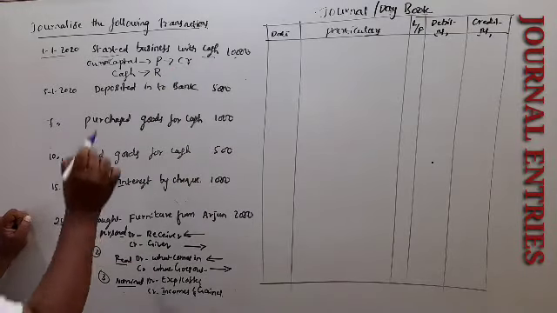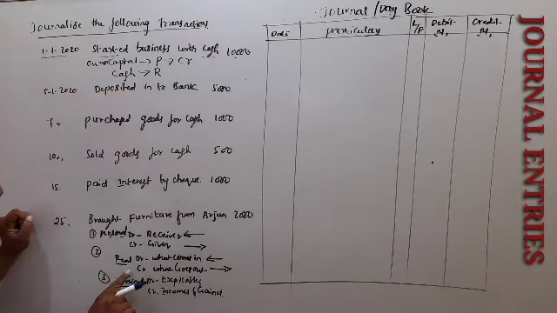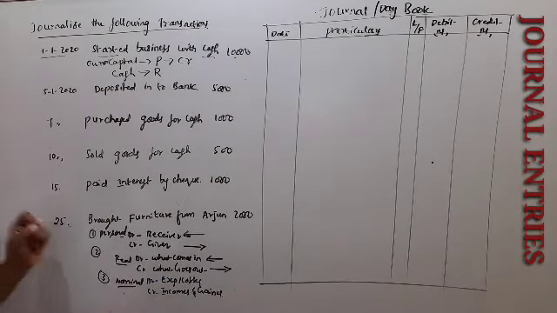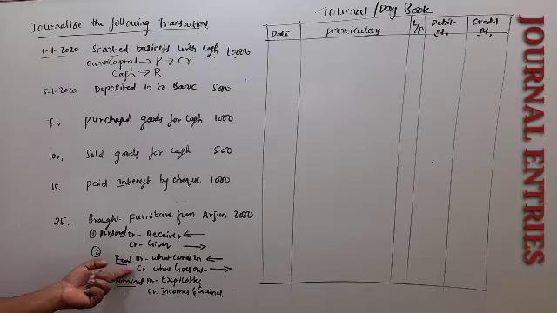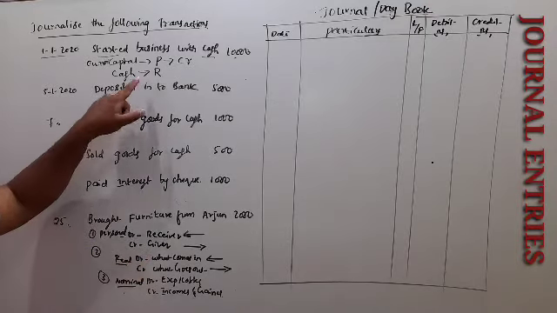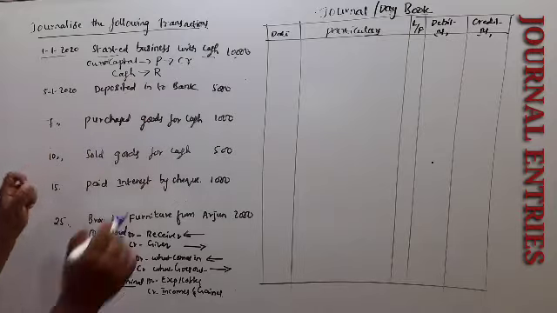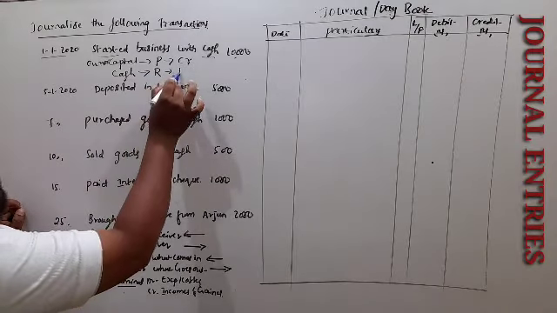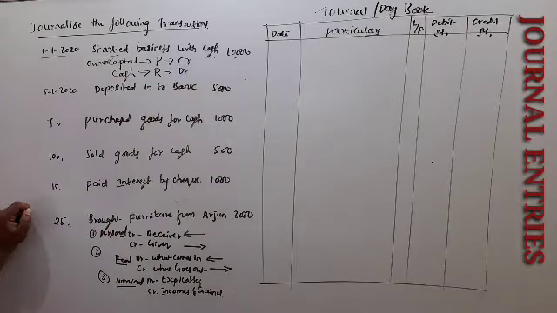Cash account comes under a real account. Under the real account rule, debit what comes in. Cash is coming to the business, so this is the debit side.